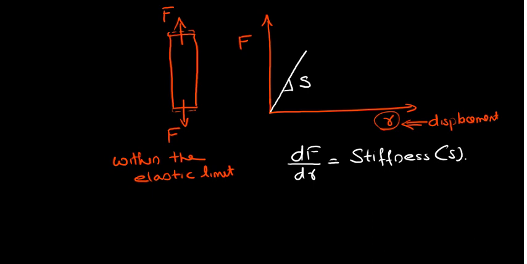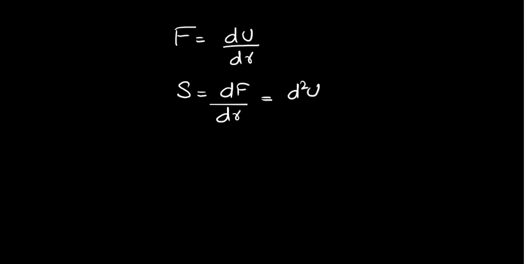The stiffness is the resistance to deformation within the elastic limit. So if I take the slope of the force to displacement curve, I will get the stiffness. We have already seen that the force is nothing but dU by dr, and therefore the stiffness is dF by dr, and therefore this should be d squared U by dr squared. So the stiffness corresponds to the curvature of the potential well diagram.